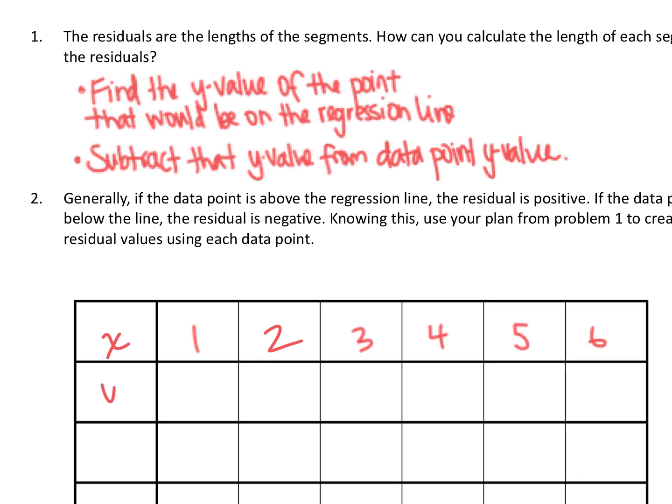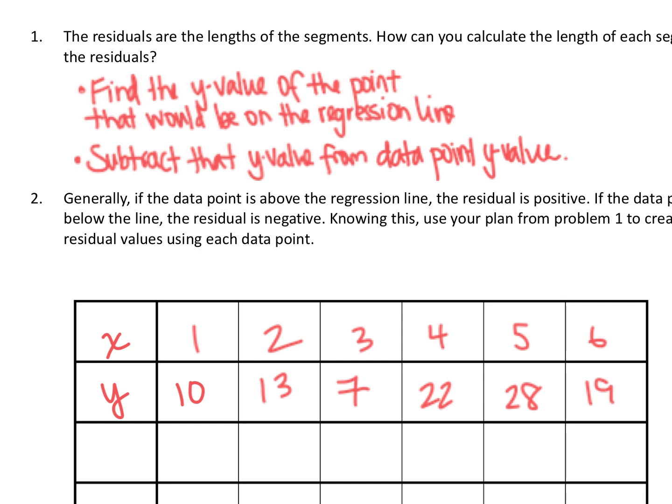10, 13, 7, 22, 28, and 19. These x and y values are just coming from the table on page 215. So they're just from the previous page.